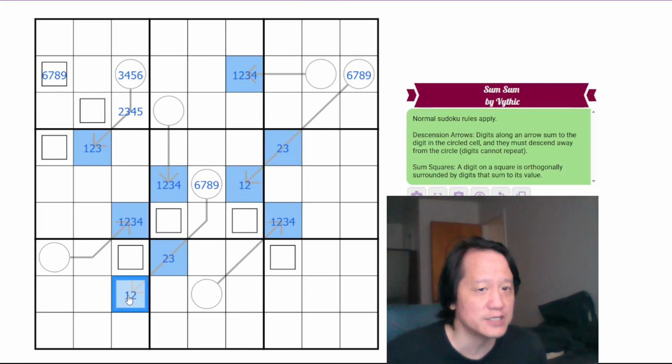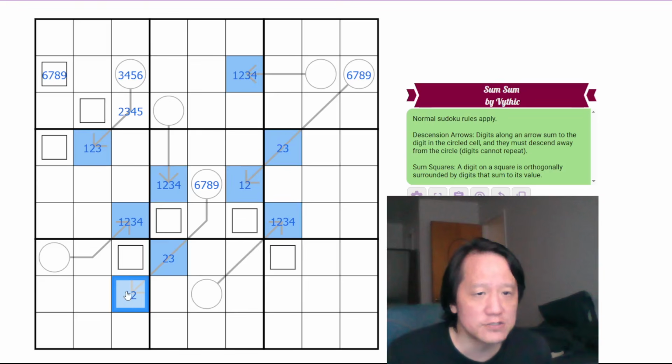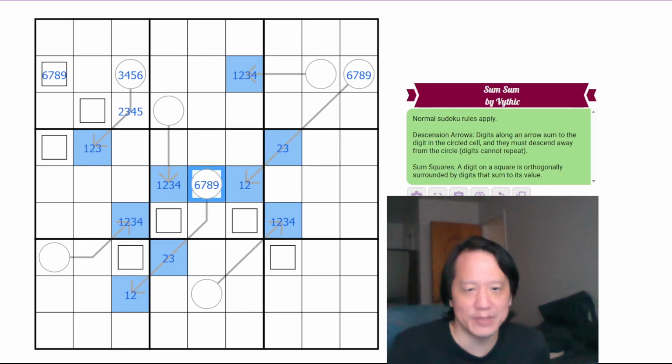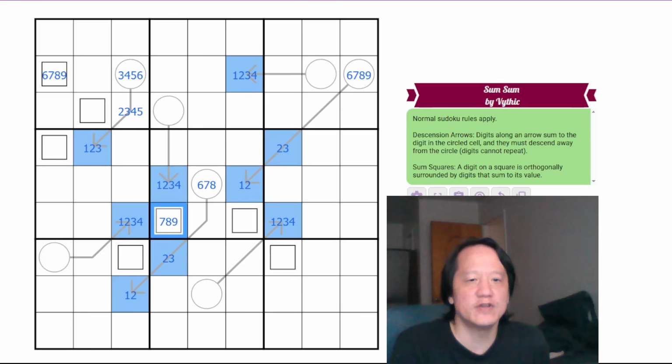But this digit is guaranteed to be 2 at most. And because this is 2 at most, this is going to have to be a bigger sum. So this cannot be 9 here. This digit must be greater than that one, because they have the same sum here, but then this is guaranteed to be smaller than this pair here because these are different digits. So this is 7, 8, or 9.